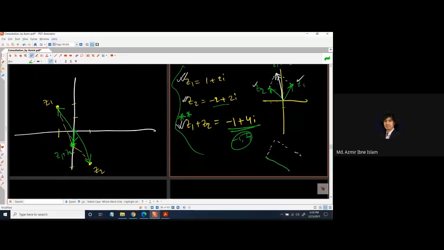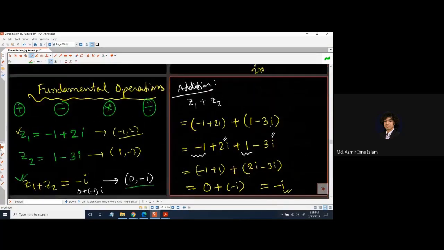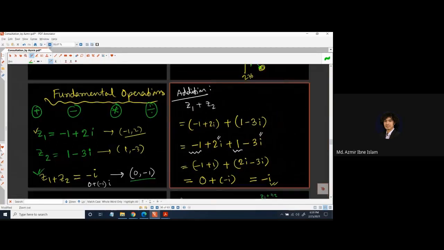So this is Z2, this is Z1, and the diagonal of the parallelogram is acting like the addition. This is the geometrical view of addition.